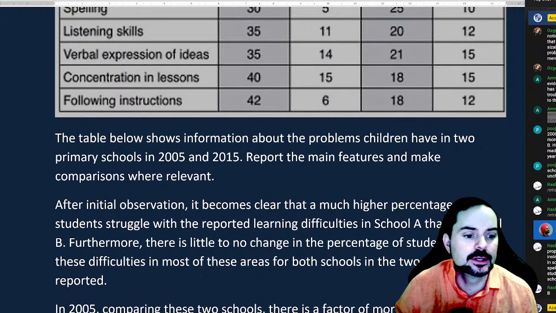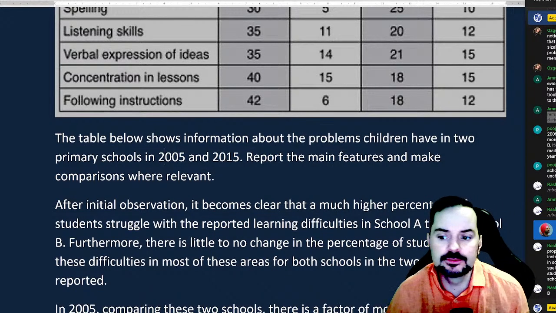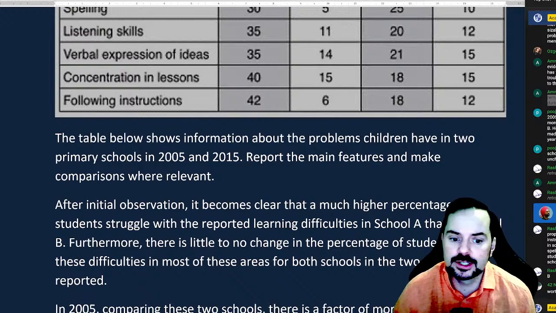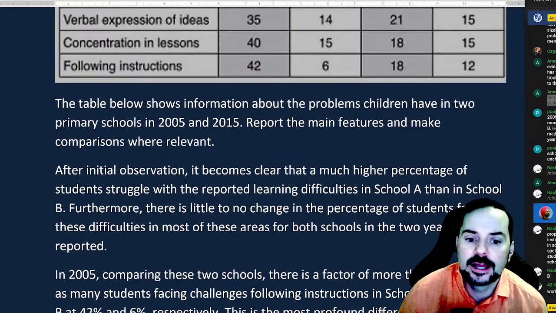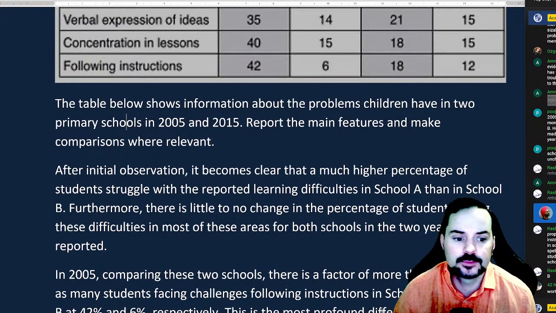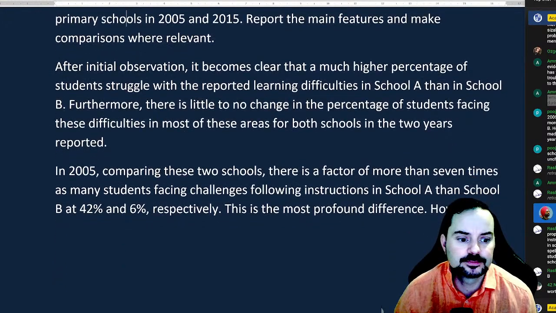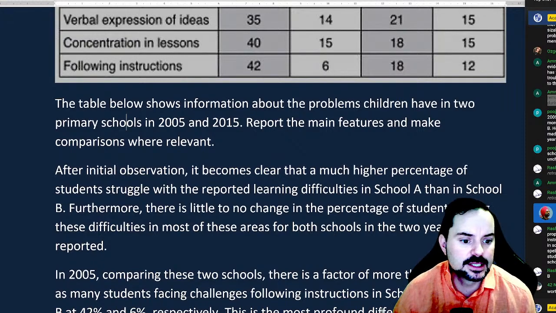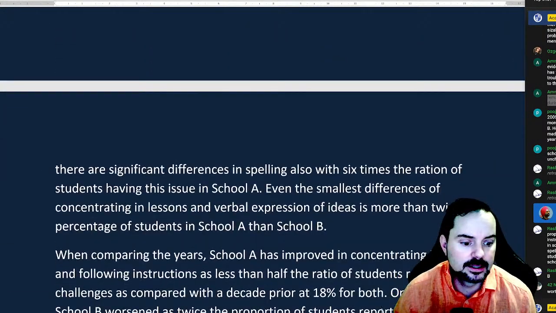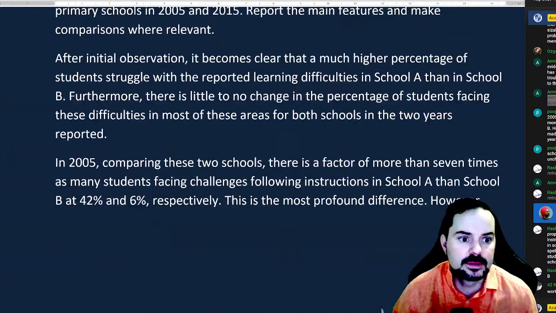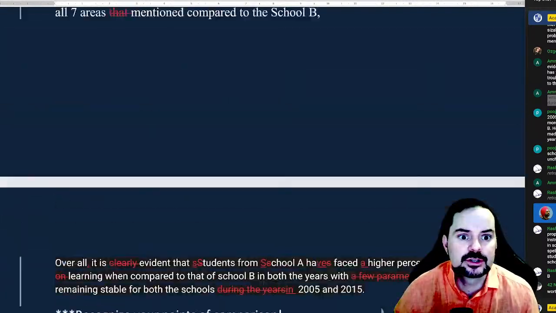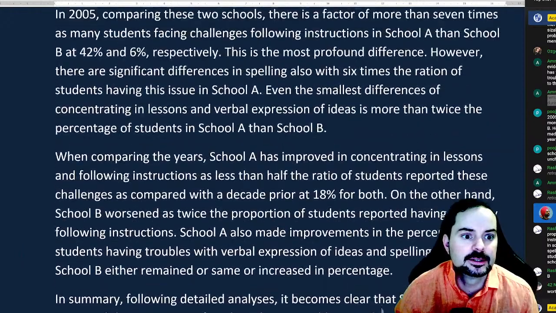Okay, so the table below shows information about the problems children have in 2 primary schools in 2005 and 2015. Oh, sorry, that's the question. I think I'm missing my introduction here, so let me just grab that somewhere.